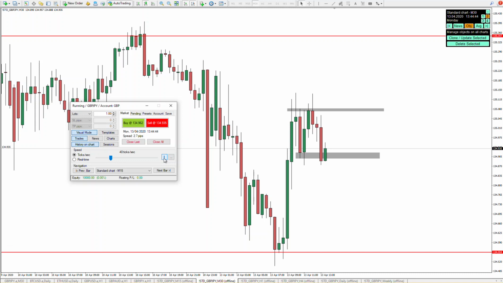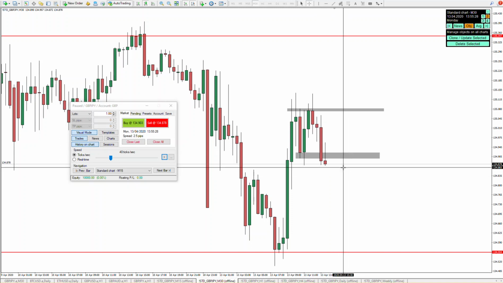Let's see if we can get a trade. Okay, beautiful. Five minutes before the candle is going to close. It's a bit nasty.